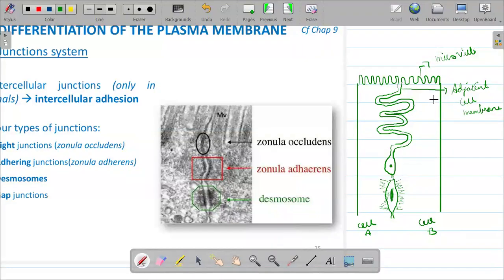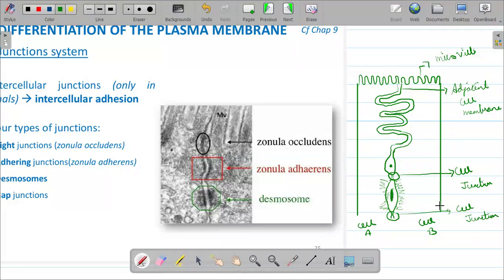Okay, now I'm going to take one modification here. Between cell and cell, there are some modifications which are called cell junctions. So a cell junction is a junction which connects two different cells.